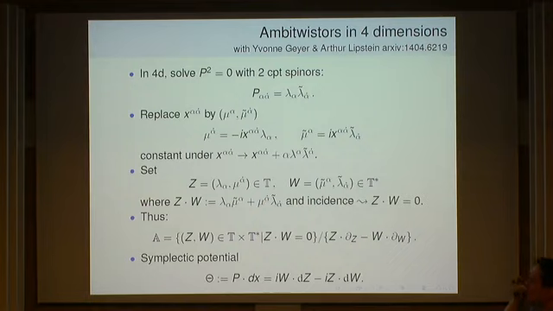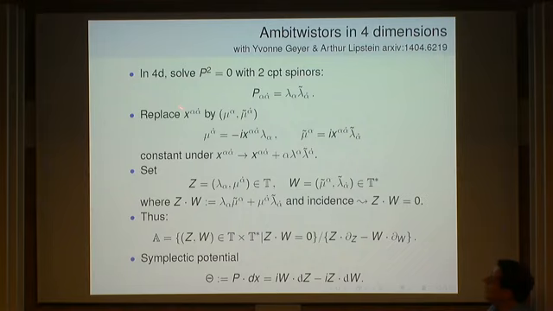I assume everyone here is familiar with two-component spinors. Everyone's happy. So the first thing to do then is to solve the constraint p squared equals 0 with two-component spinors. You write p equals lambda lambda tilde, and of course lambda and lambda tilde are now freely prescribable. You do have a phase redundancy between them, and that will play a role later.